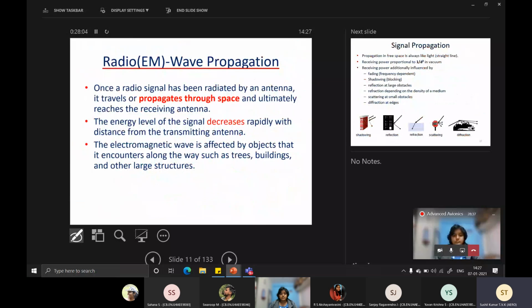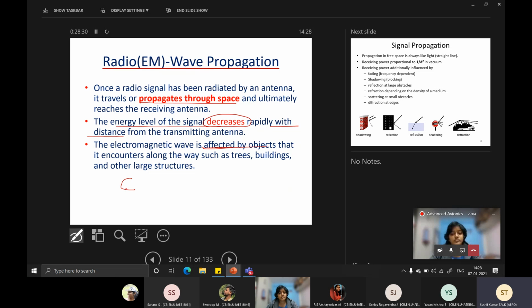Now coming back to EM propagation, once you launch a radiated signal, it just propagates through space. And what you have seen in the relationship is that the energy level is going to decrease with distance. Not only because of distance, it also gets affected by a lot of things.